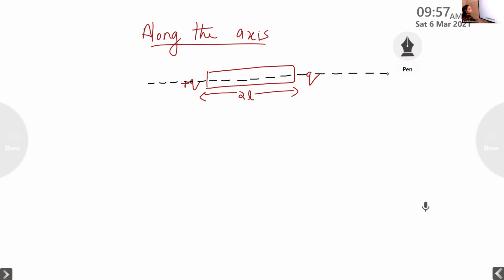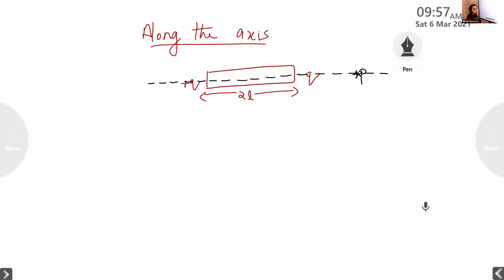And what we want to find is the electric field along the axis of an electric dipole. So we consider a point P along the axis of this electric dipole.